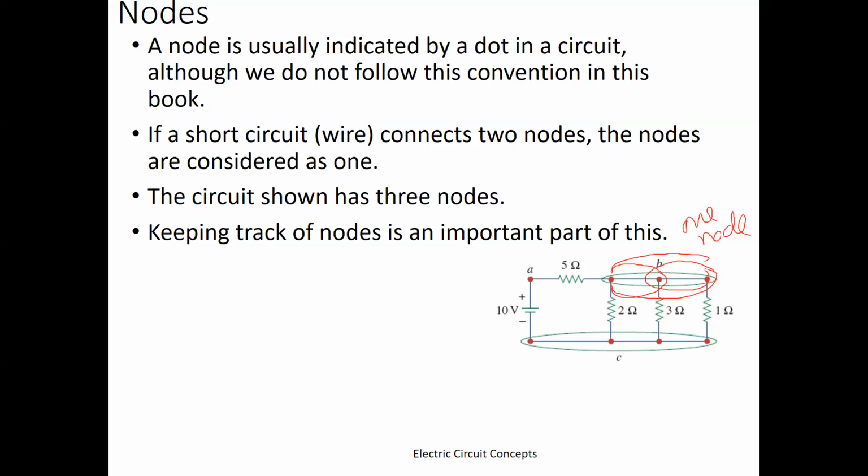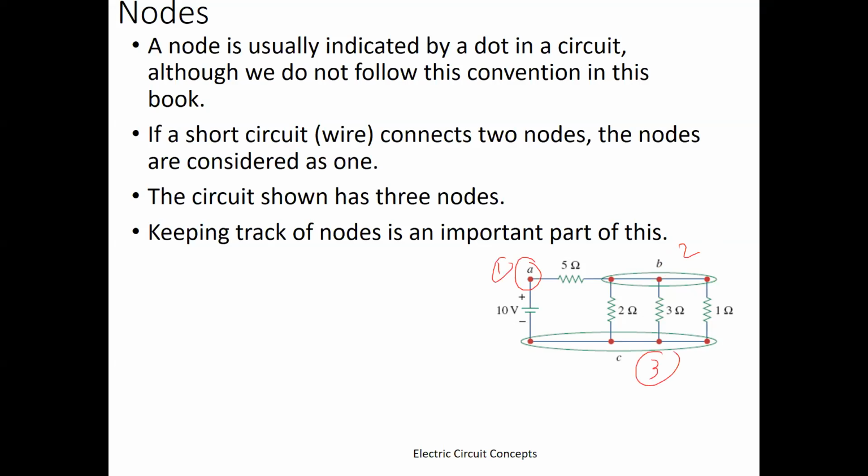Now this node here and these nodes, these are two nodes because there is an element in between. Same thing here, it's an element. So how many nodes do we have here? We have 1, 2, and 3 nodes.